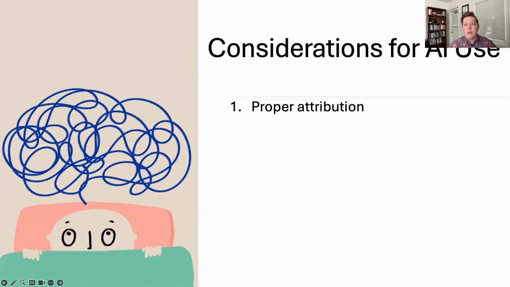MLA, APA, Chicago all have ways of citing things that come out of AI, so be sure to do that. Especially if you don't, and it's accidentally pulled text from somewhere and you don't realize it, you could be plagiarizing. So, like I said, unintentional plagiarism.